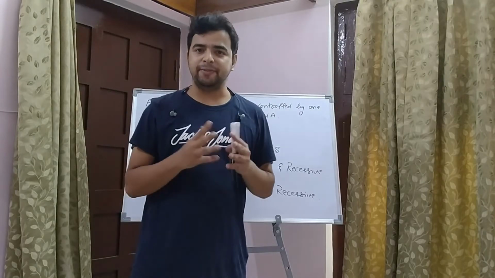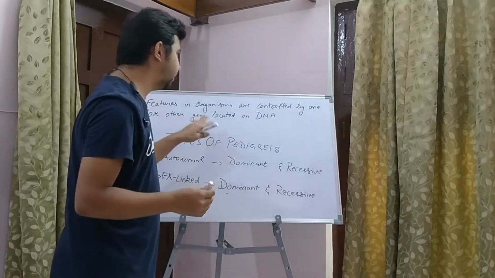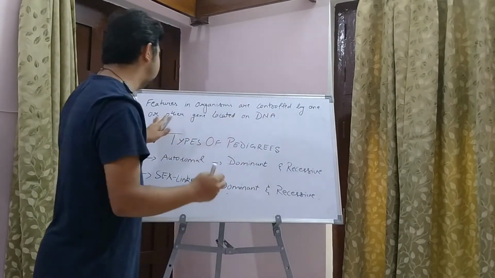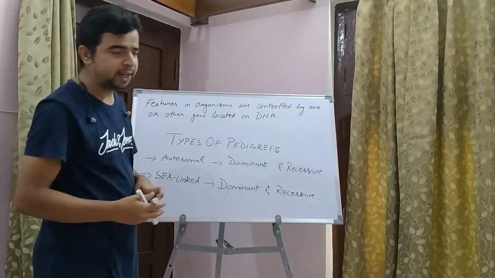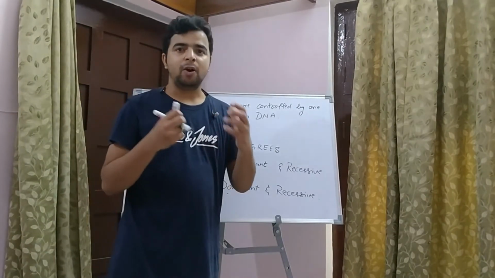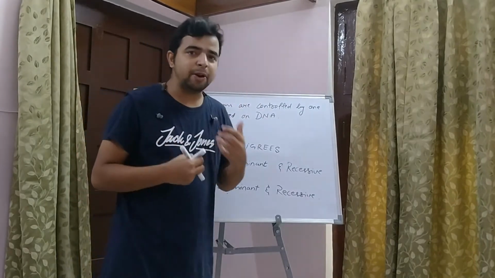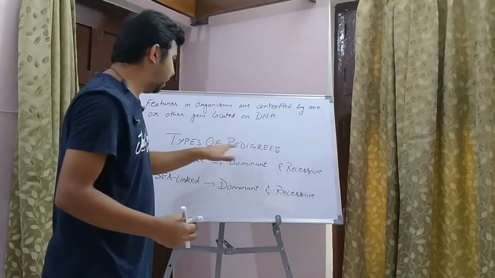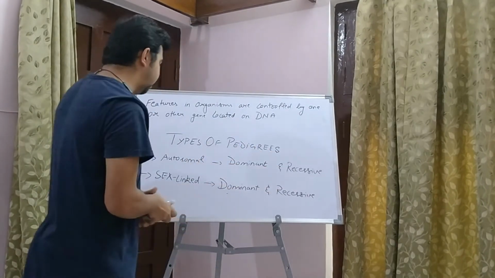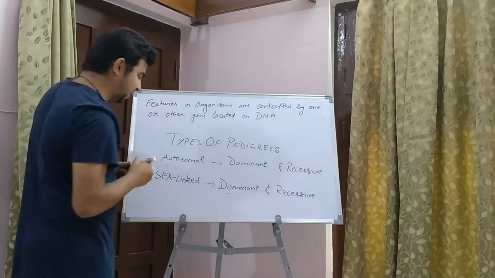As we know, features or characteristics of organisms are controlled by one or other genes located on DNA. To understand on what gene the character or any abnormality is present, we categorize pedigree under autosomal and sex-linked.